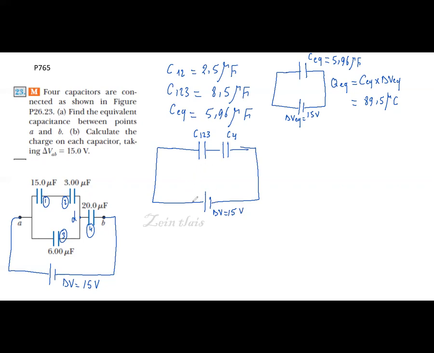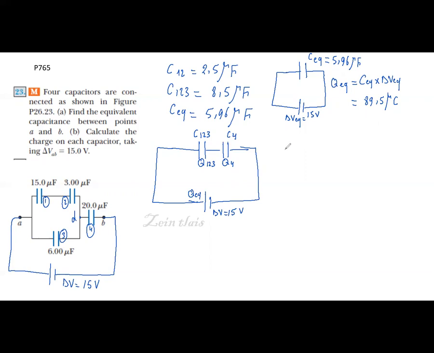This one and this one are in series. They have the same Q. Q123 equals Q4. It's a condition in the case of series capacitors.